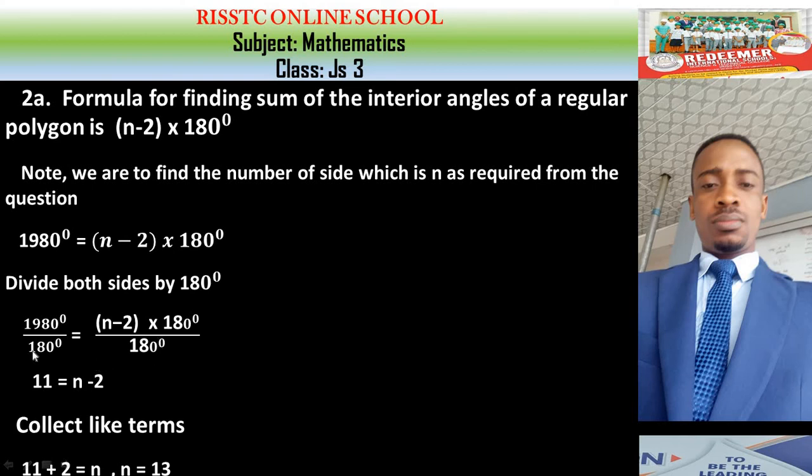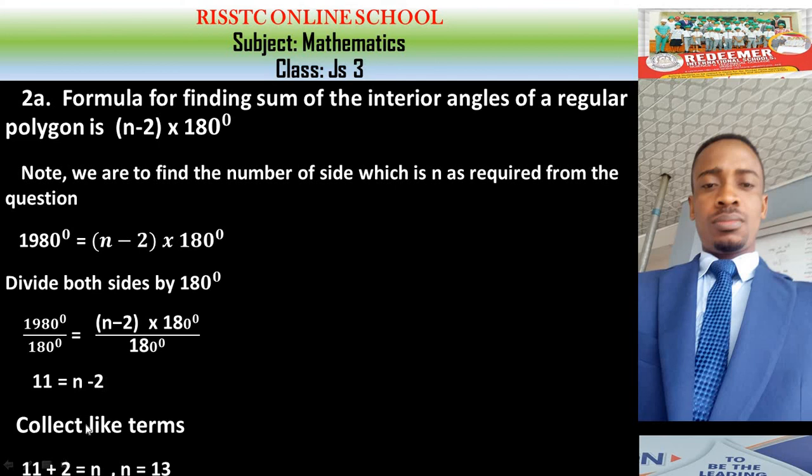Now, how many 180s can we find in 1980? We have 11 equals. Now, please look up here. 180 degrees divides 180 degrees, we have 1. That 1 we multiply n minus 2, we have n minus 2 back.